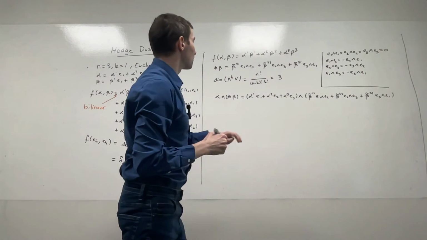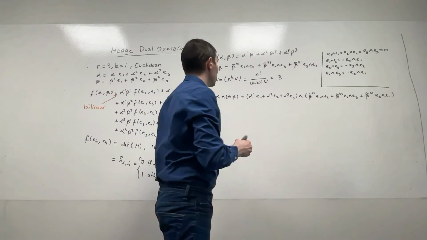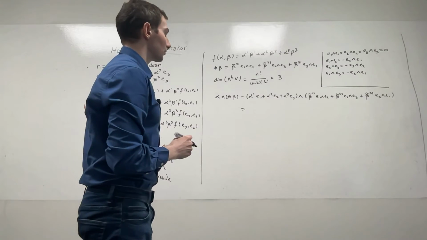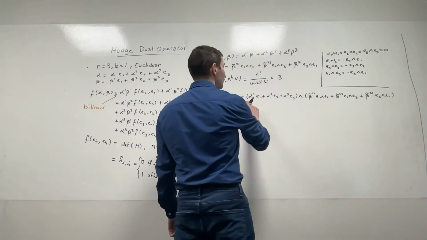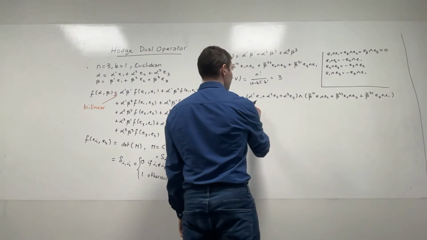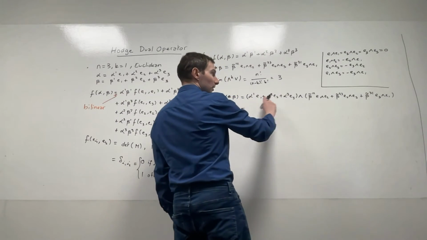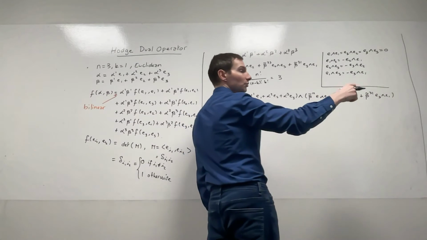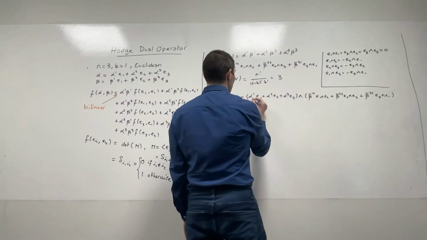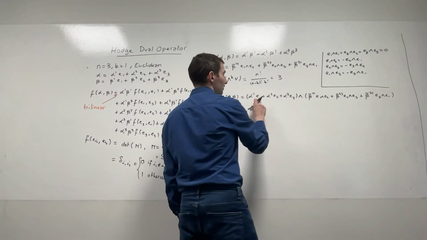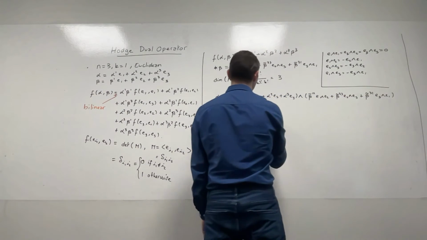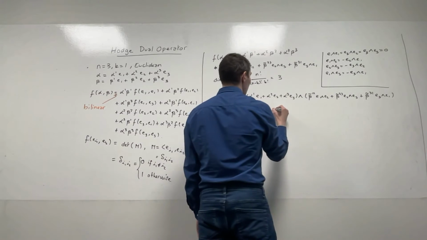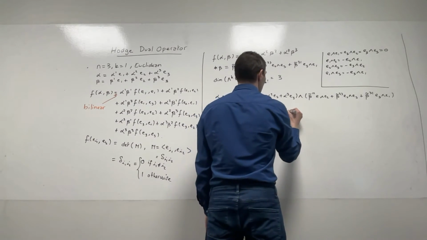Okay, so then what I do when I'm there is the following. I'm going to simply look at the terms that are going to construct e1 wedge e2 wedge e3. So I've got alpha 1 e1 here, so I'm going to have beta tilde 2 3 and then e1 e2 e3.